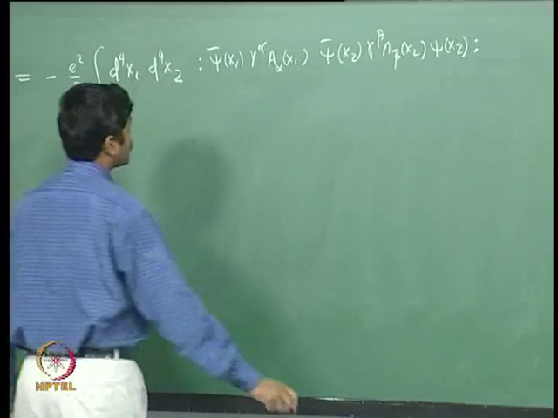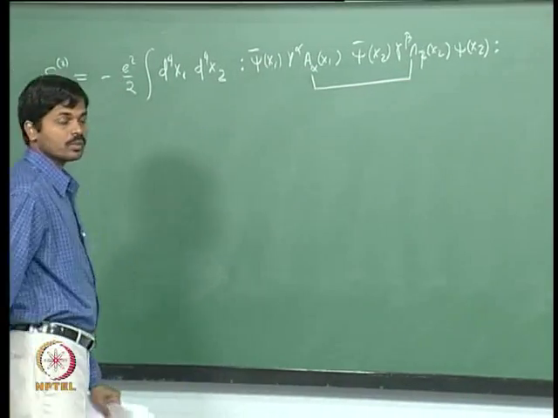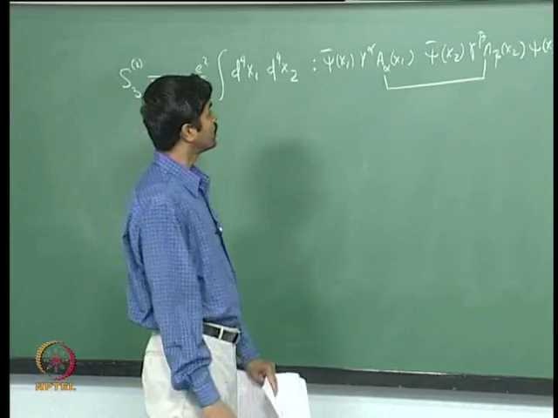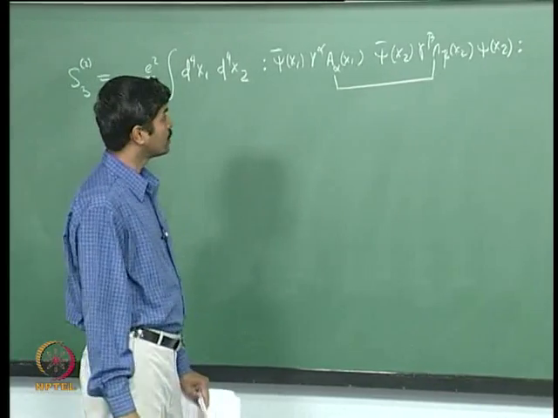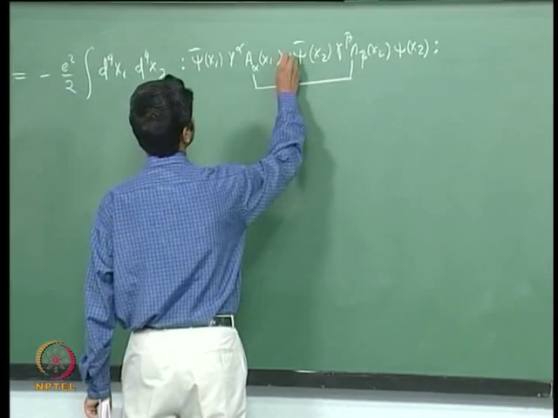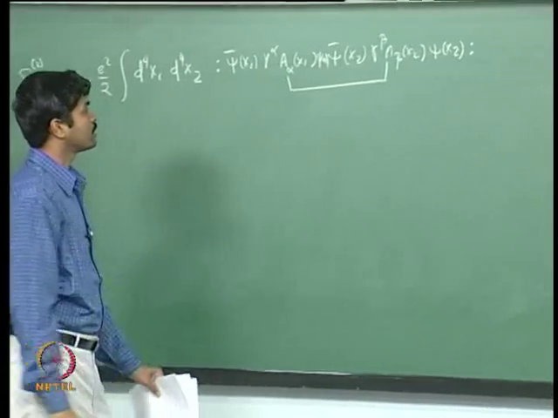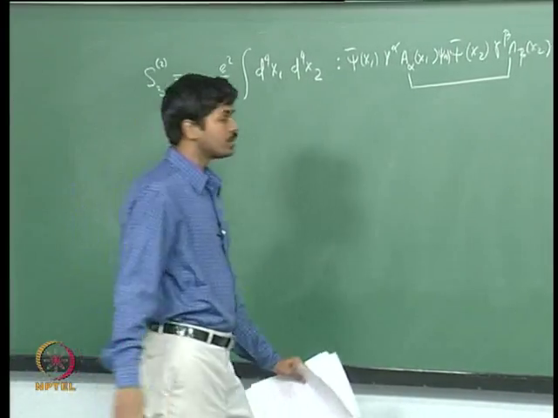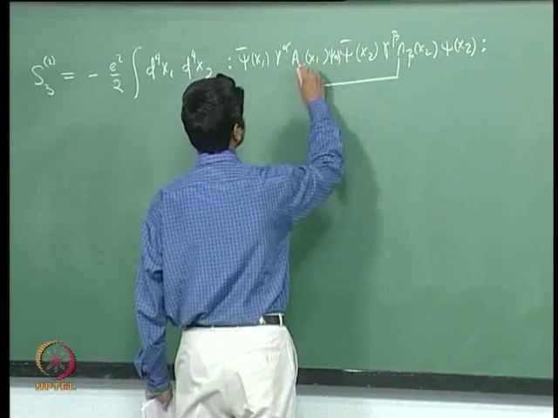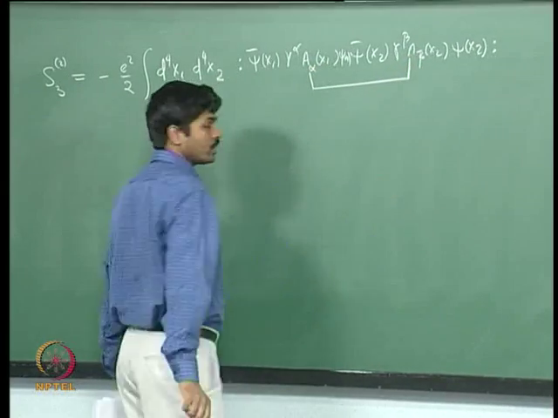So, you can note this term contracted to this term. You can notice that there is a psi of x1 here. So, you note that here the photons are contracted with each other.